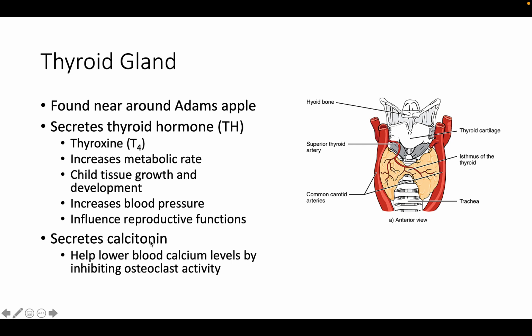We talked about this in our skeletal system lecture. This helps lower blood calcium levels by inhibiting osteoclast activity. Those osteoclasts release calcium into the bloodstream, and this will help lower that calcium level by stopping the osteoclasts from doing that.